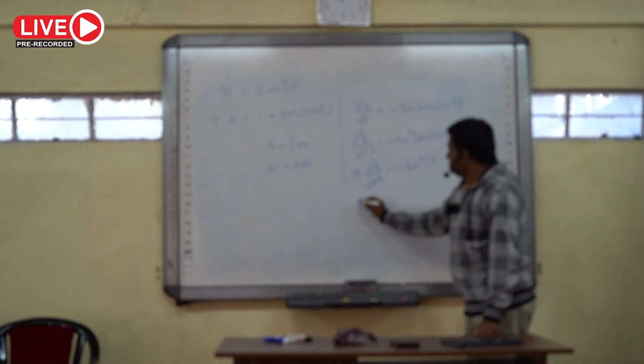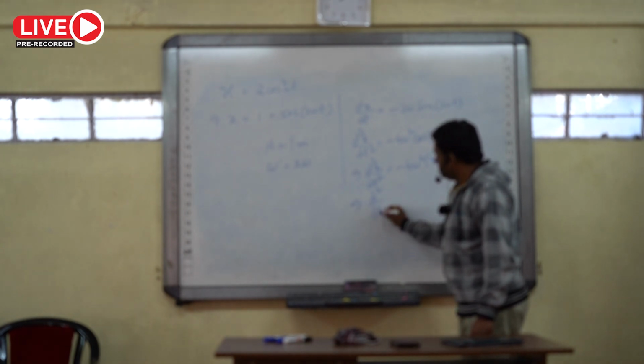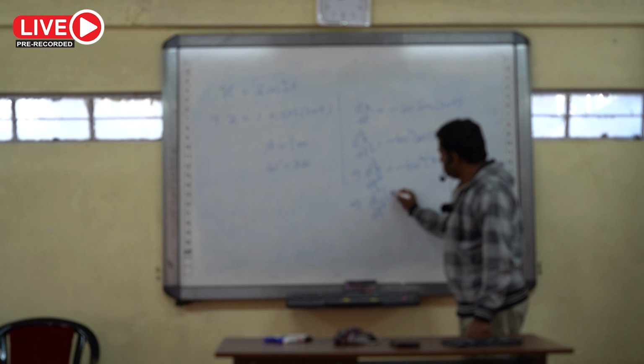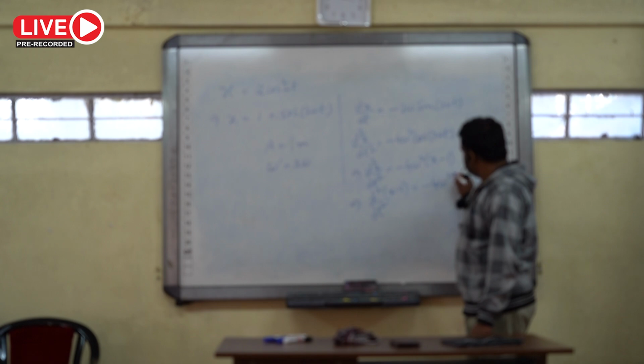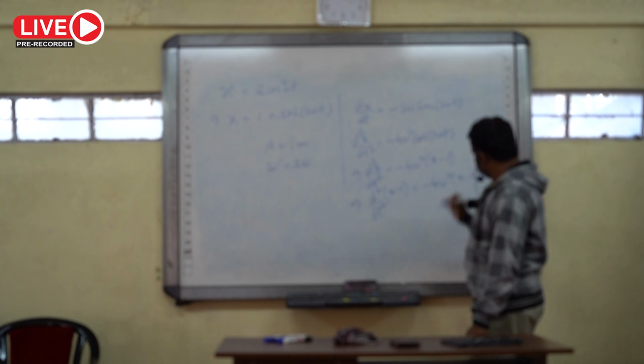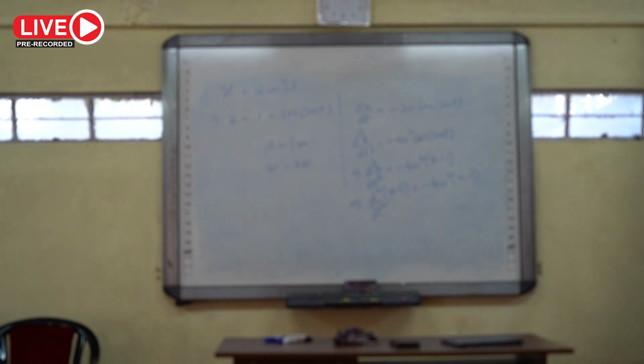Now, can I write this one in this way? d2x dt2, but I write d2 dt2 of x minus 1 because derivative of 1 will be 0. So it will give you the same term.